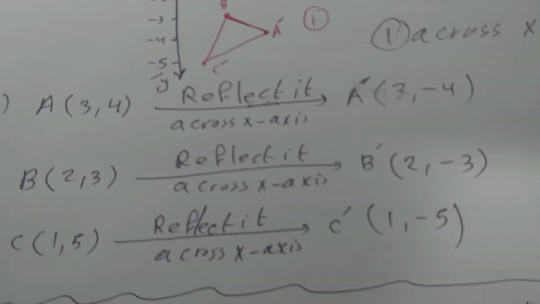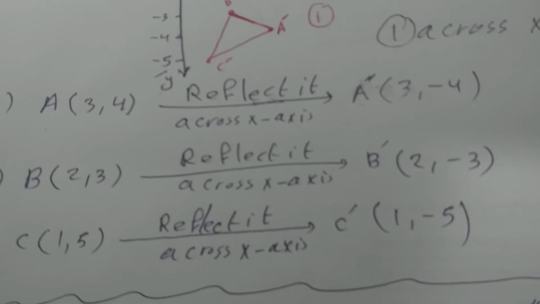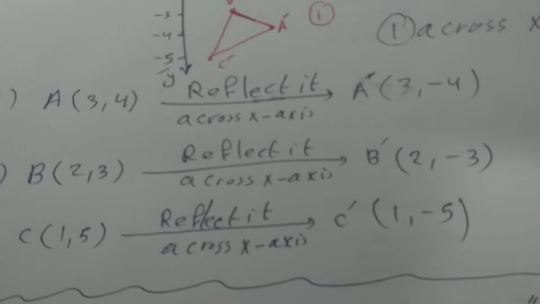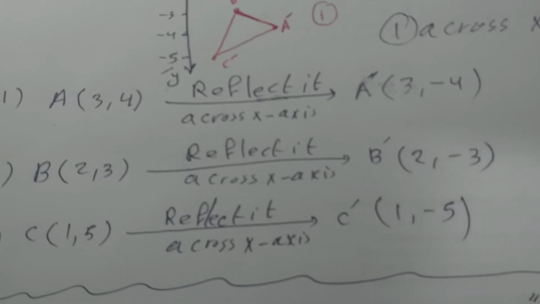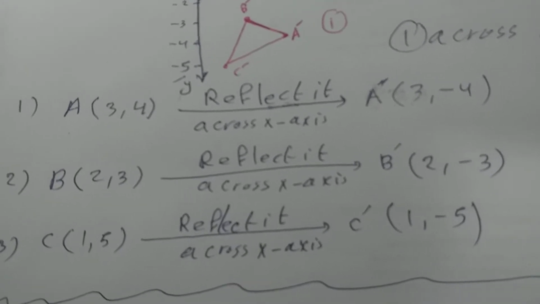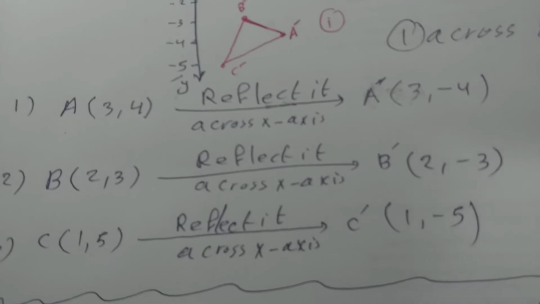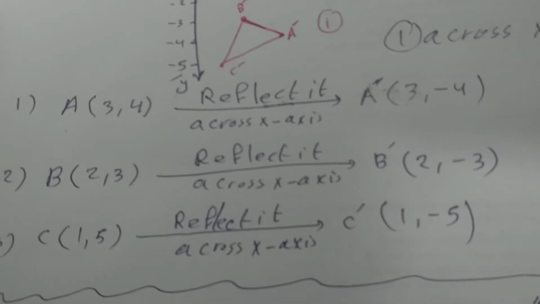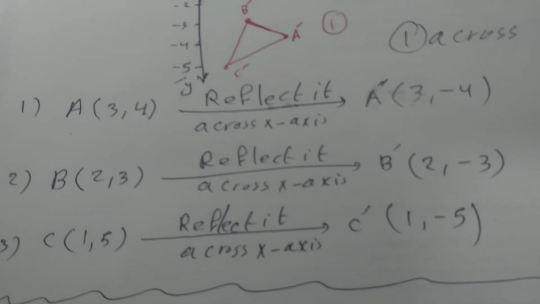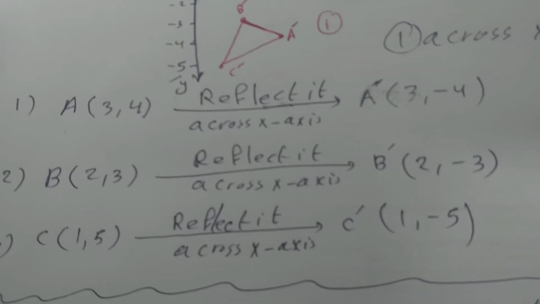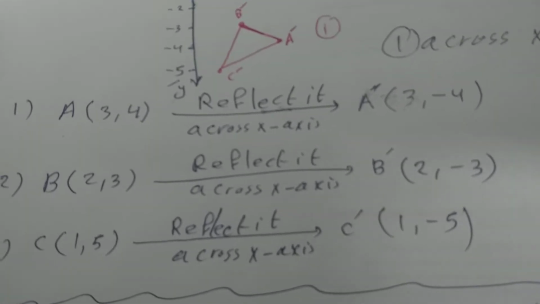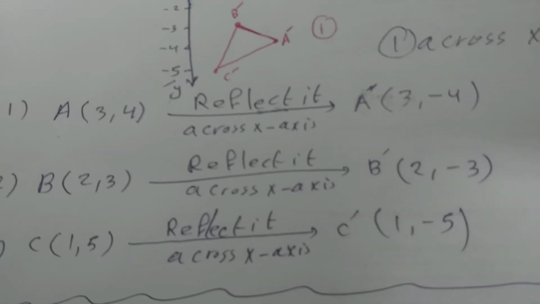So A was (3, 4); after we reflect it across the x-axis, it becomes A prime (3, -4). B(2, 3), we reflect across the x-axis again, so B prime is (2, -3). C was (1, 5), we reflect across the x-axis again, and the image C prime is (1, -5).